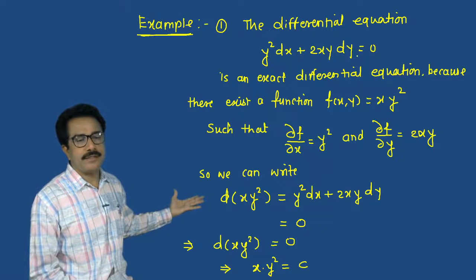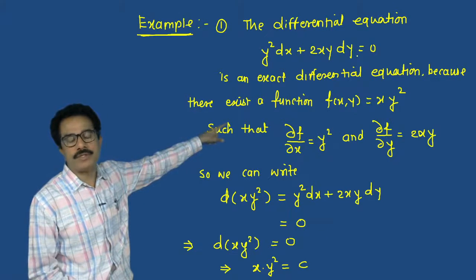Now we can write, suppose f of x comma y is x into y square.